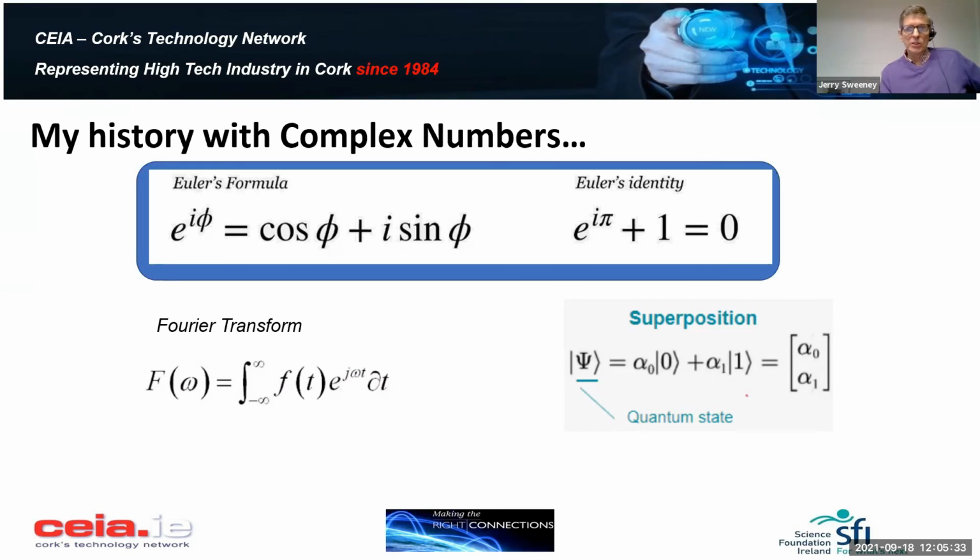So I'm going to finish on a sentence: please accept that complex numbers are numbers. Please accept that the world is based on complex numbers. How the world operates requires complex numbers to exist.